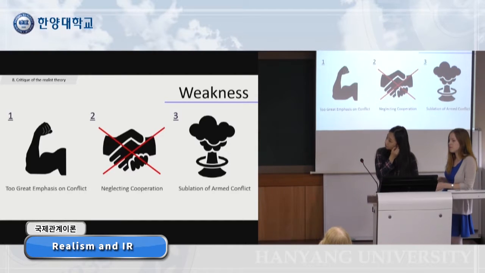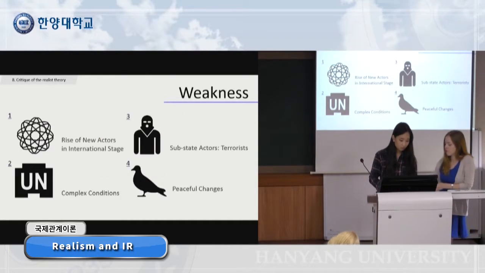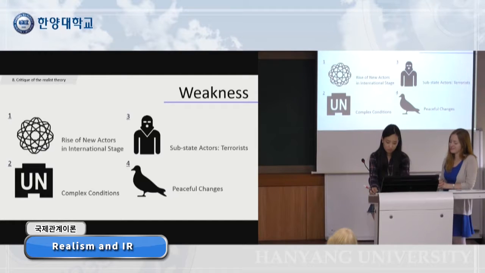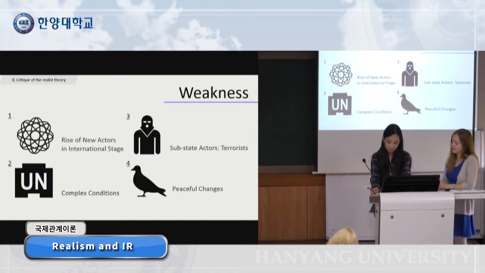In addition to these weaknesses, the fact that states are no longer the sole important actors on the international stage still remains. International organizations such as the UN, and non-governmental organizations such as multinational corporations and environmental organizations, perform important functions in maintaining stability and expanding cooperation throughout the world.